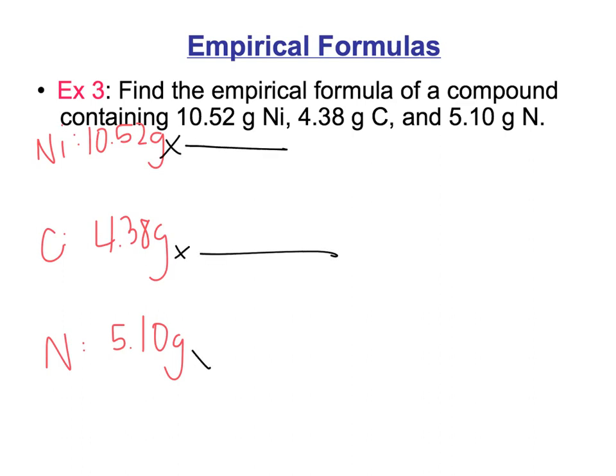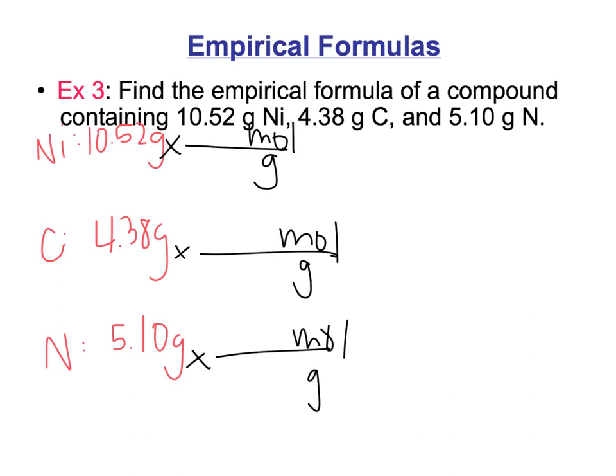Think back how we convert to moles. Well, we're going from grams to moles for each of these. Since we're going from grams to moles, we need the molar mass. So you need to look on the periodic table for each element, because each element has a different molar mass. Nickel, for every 1 mole, 58.69 grams.